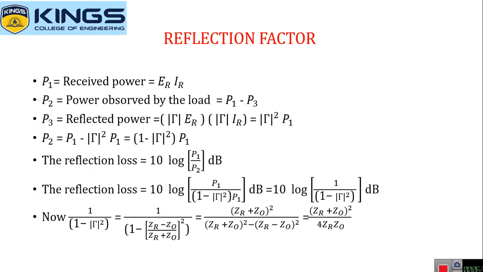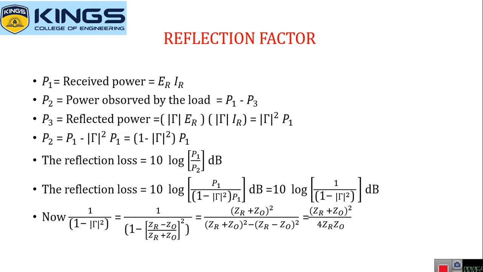If you substitute this, P2 equal to P1 minus tau square P1. Taking P1 common, P2 equals 1 minus tau square into P1. The reflection loss equals 10 log of P1 by P2. If you substitute this value of P2, P1 will get cancelled, so it is 10 log of 1 by 1 minus tau square dB.